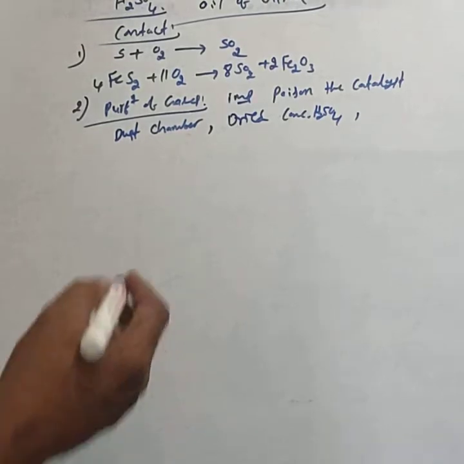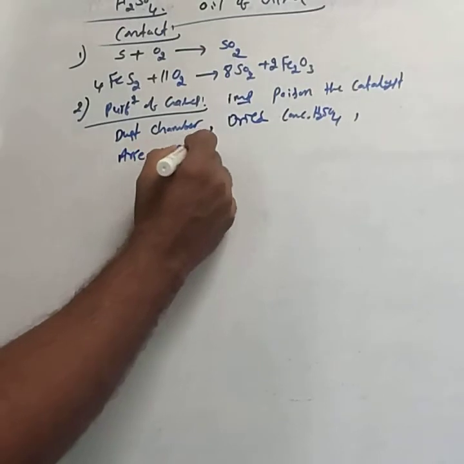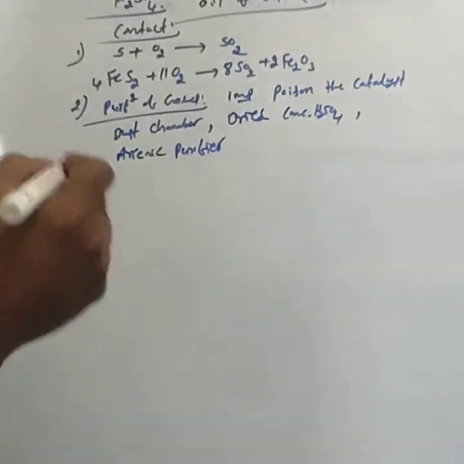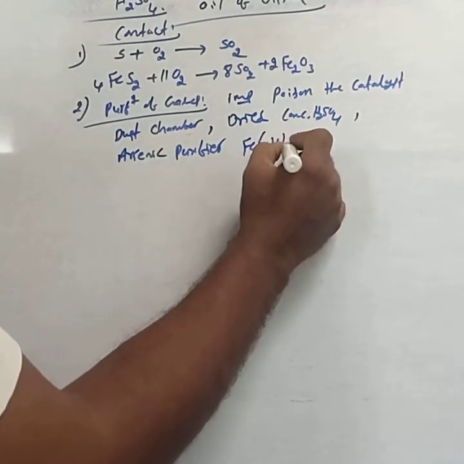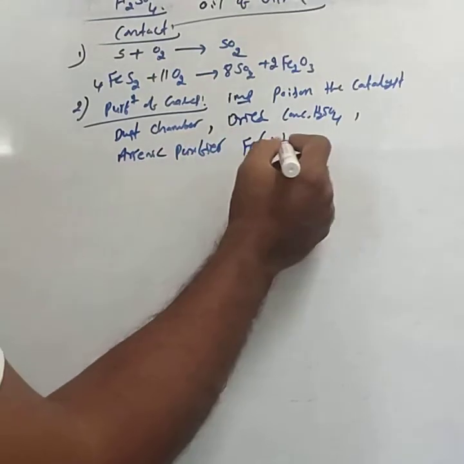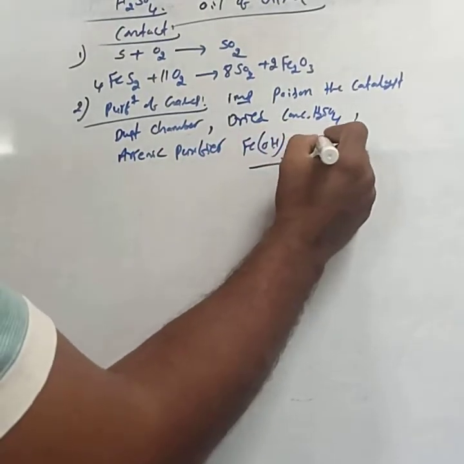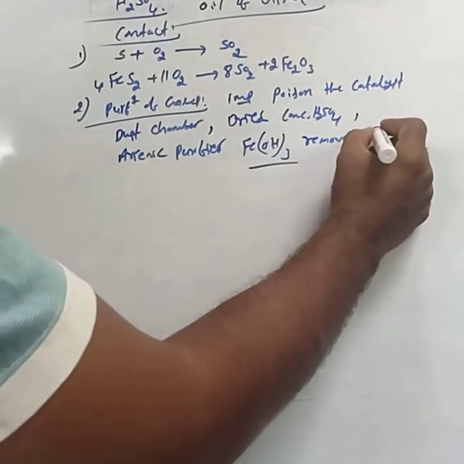Then the dried gases are passed through the arsenic purifier, which contains ferric hydroxide, which absorbs the arsenic impurity.